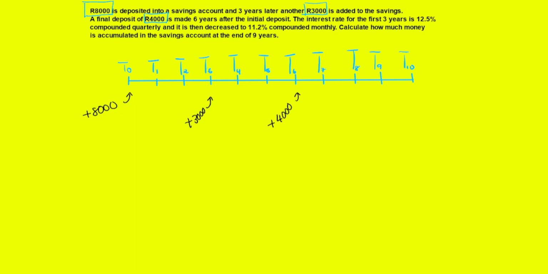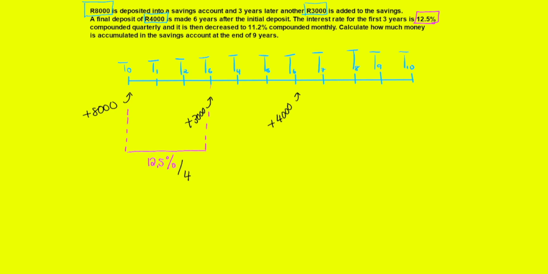Once that's done, we need to focus on the other component, which is the interest rate. Now, for the first 3 years, 12.5% was the one that was in charge. And it was compounded quarterly, so you divide by 4.